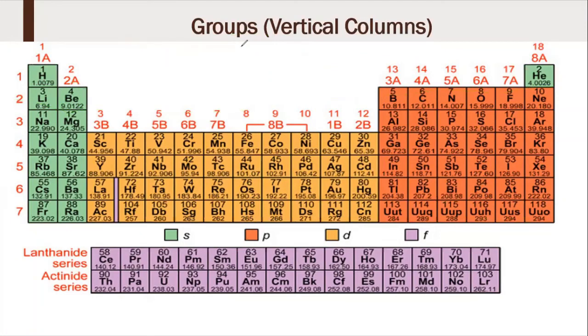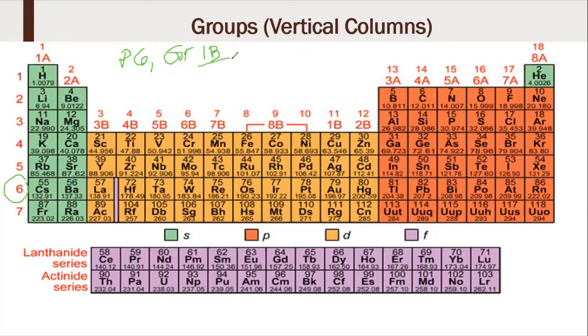What if I'm looking for period 6, group 1B. Group 1B. Sige nga. I'm looking for period 6, group 1B. What's the answer? Just look at the screen. Period 6, group 1B.